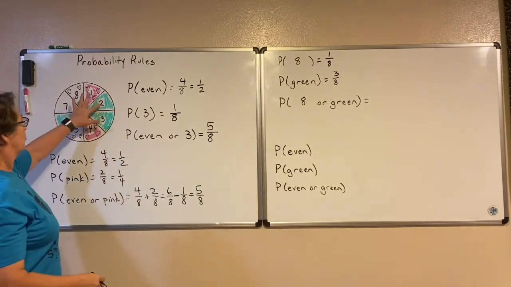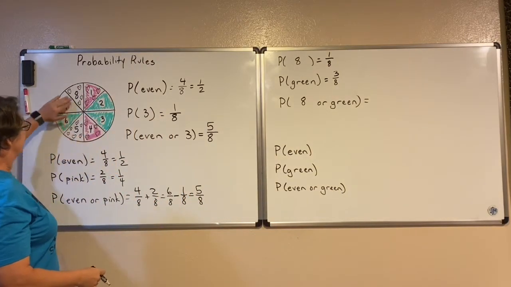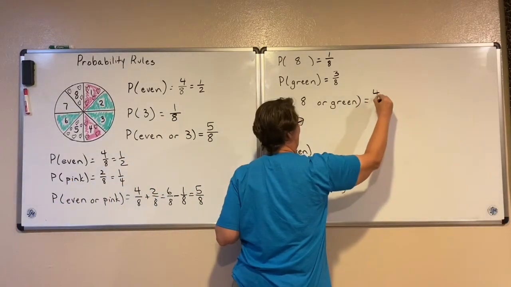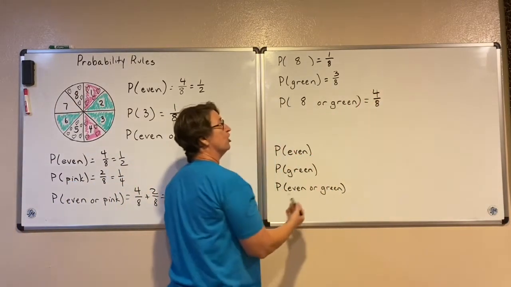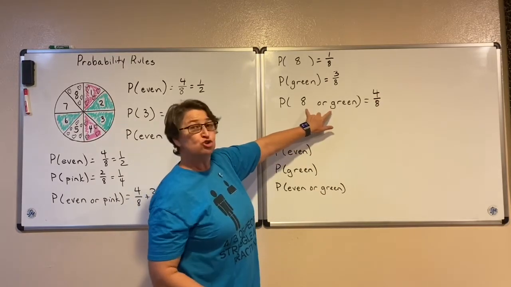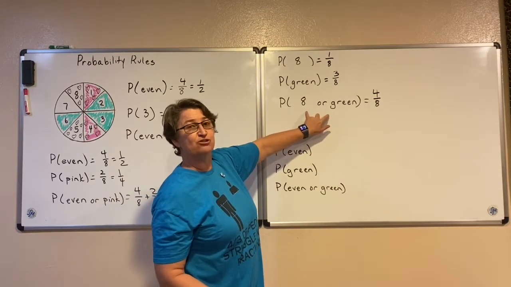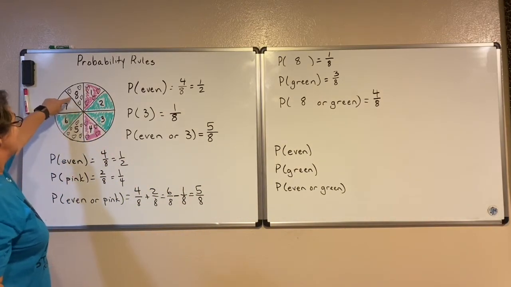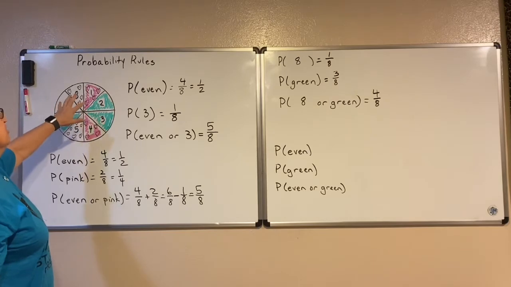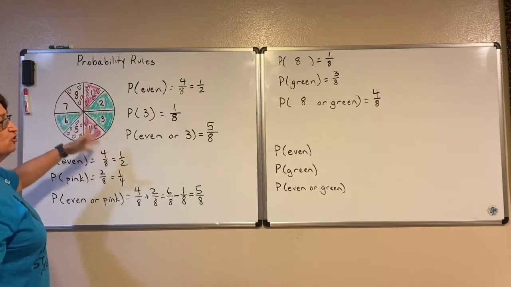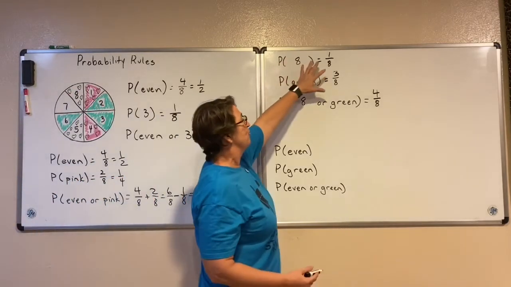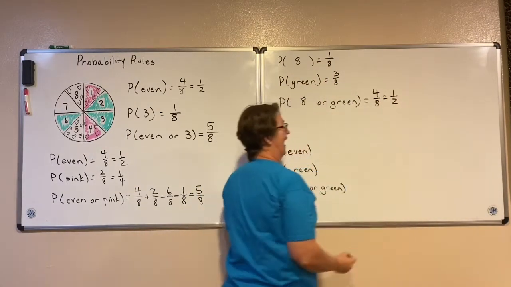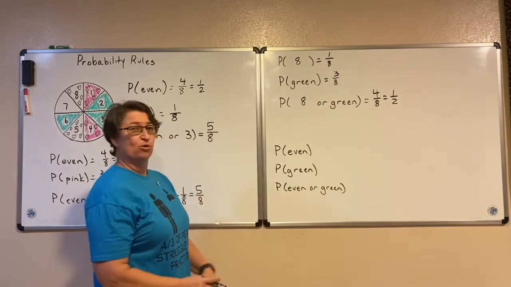Well, again, 1, 2, 3, 4 different places I can land. 4 out of the 8. These are mutually exclusive. In other words, they don't overlap. My green ones are not an 8, and my 8 is not green. Since they are mutually exclusive, I can just add their probabilities together. 4 8s or 1/2.